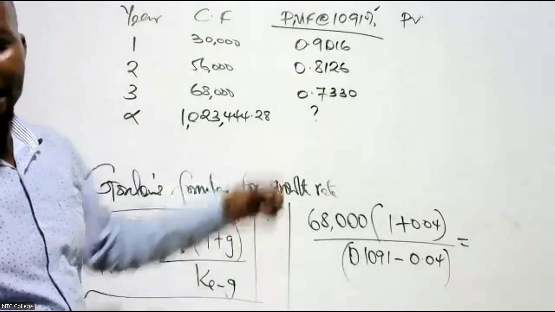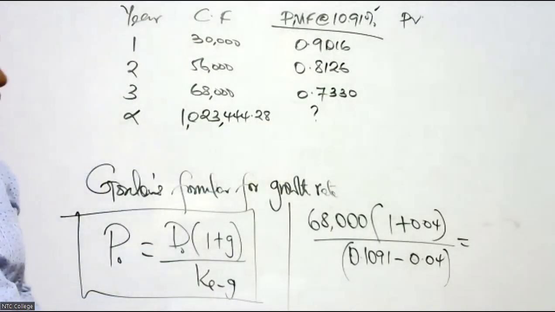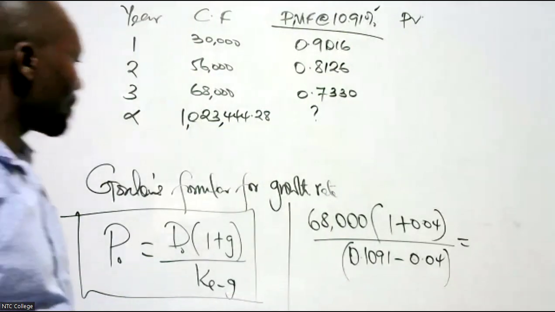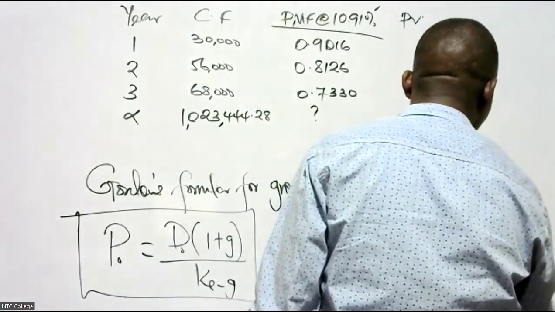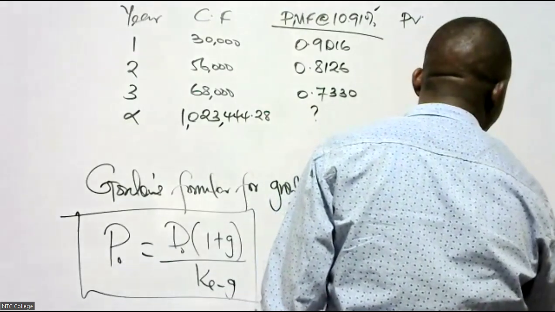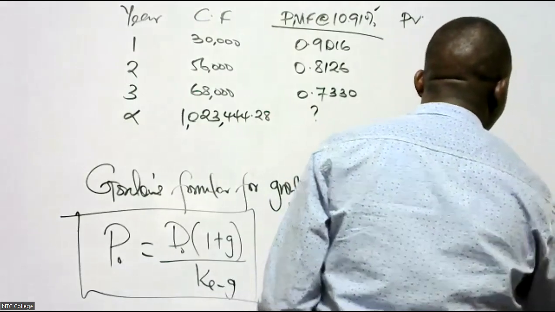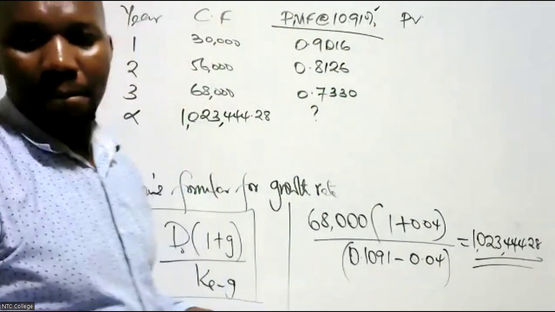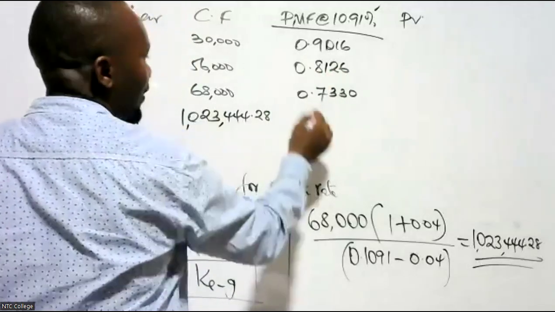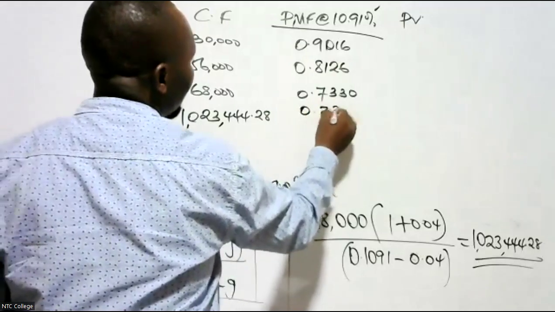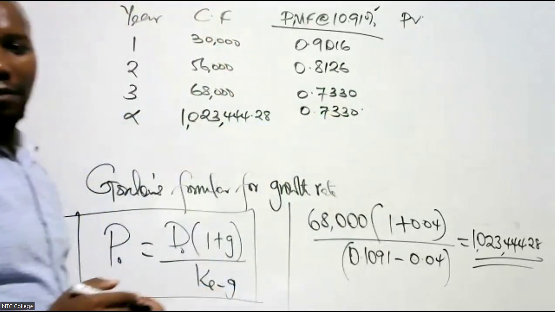Which one do you use here? The third year. So you use the one for the last year that you're seeing. Take me the present values.